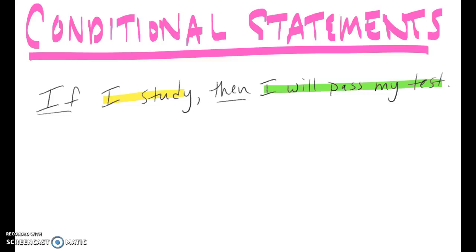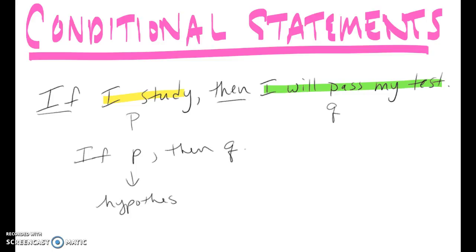In math class, you might call this one the P, and this one is the Q. So if your teacher ever writes if P then Q, what they're saying is that the P is the hypothesis, and then the Q is the conclusion. So if I study, then I will pass my test.